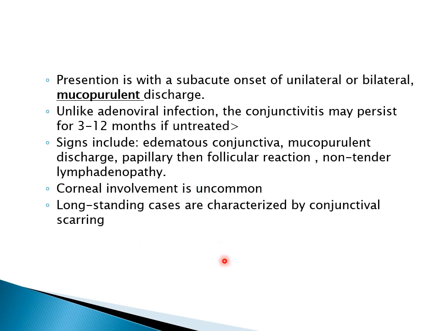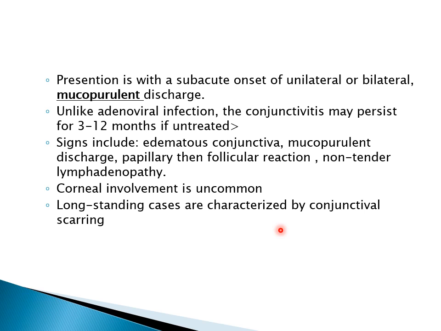On examination, there is edematous conjunctiva, mucopurulent discharge, papillary reaction, and follicular reaction. But here, the follicular reaction may appear in the upper tarsal conjunctiva, in contrast to adenoviral conjunctivitis, where the follicular reaction is only in the lower palpebral conjunctiva. Of course, in addition to non-tender lymphadenopathy.